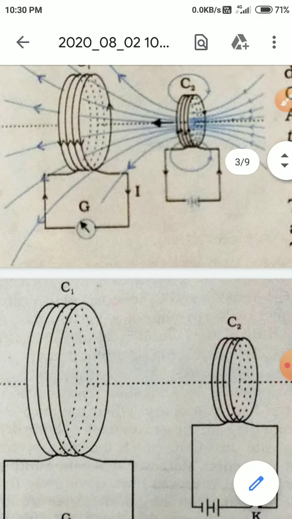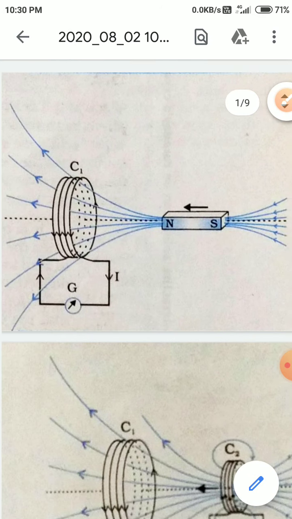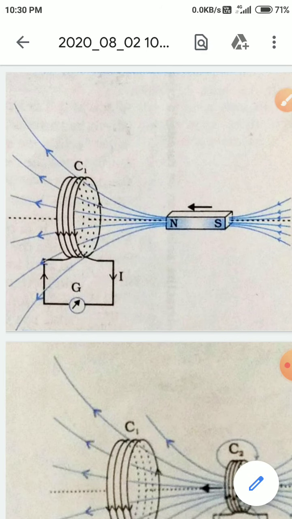So, in all the three activities which we have discussed, we observe that the strength of the magnetic field linked with the closed coil is being changed. When we move the magnet towards or away from the coil, the magnetic field associated with the coil changes.